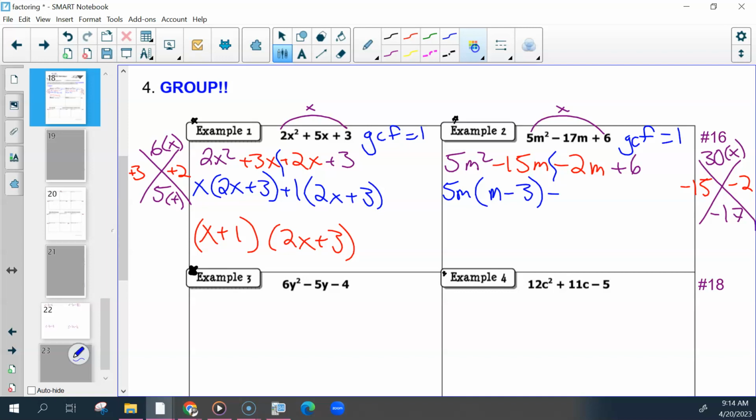What do the last two have in common? 2. So remember that you're dividing everything by negative 2, so your signs are going to change. What would be left? If you divided that out, m minus 3.